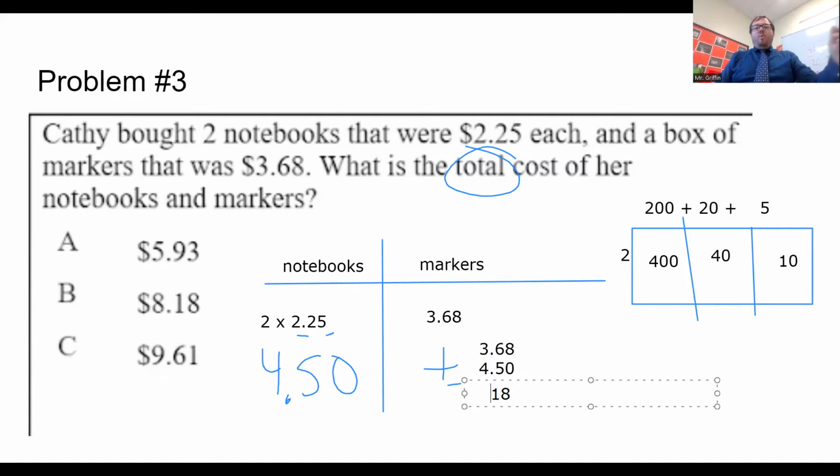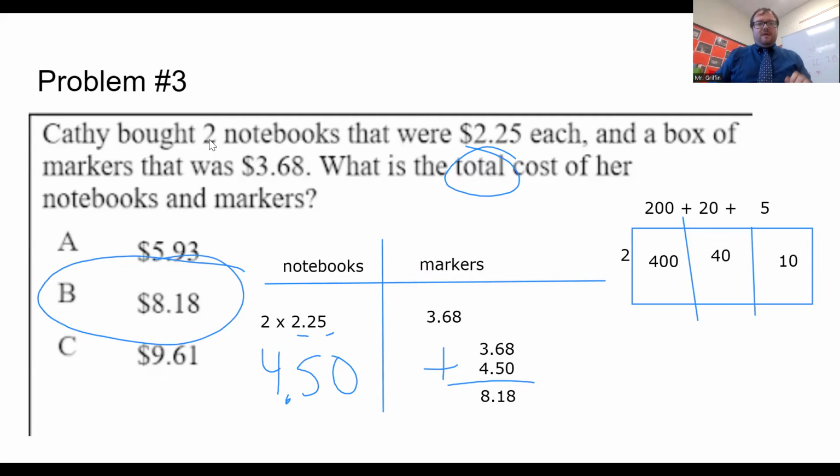Carry the 1. 1 plus 3 is 4, plus 4 is 8. And then I bring my decimal down. I have $8.18 as my final answer, which would be B. Now, if you came up with A as your initial answer, that's if they just bought 1 notebook, but Kathy bought 2. That's why it's B.